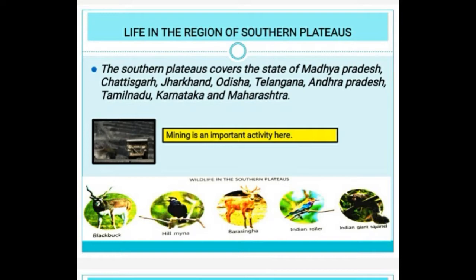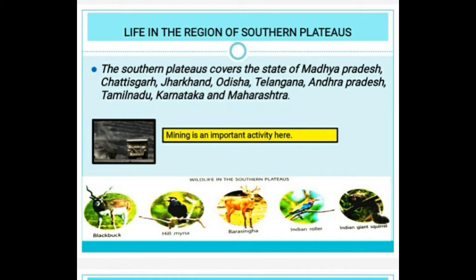Next we are going to see about life in the region of the southern plateaus. The southern plateaus cover the states of Madhya Pradesh, Chhattisgarh, Jharkhand, Odisha, Telangana, Andhra Pradesh, Tamil Nadu, Karnataka and Maharashtra, and these states have rich deposits of minerals such as coal, iron ore, copper and manganese. Mining is an important activity carried out here, and farming is also an important occupation.